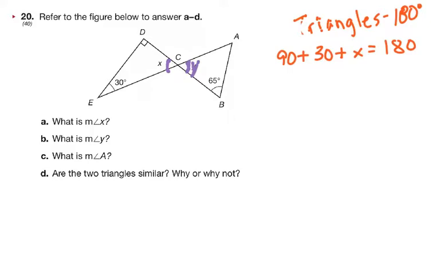Then we have angle A right here. So the measure of angle B is going to be 65.